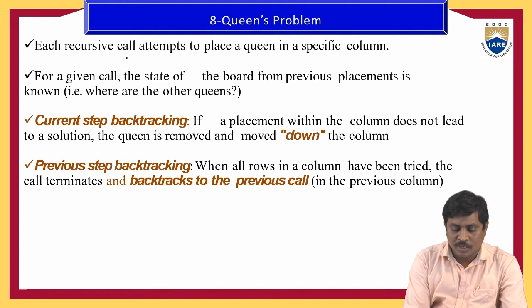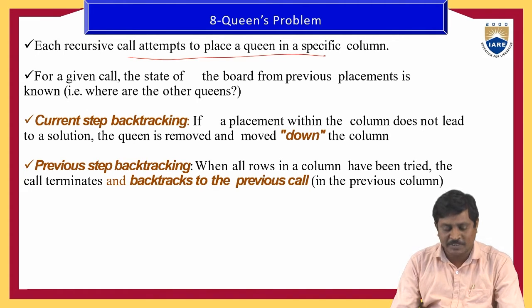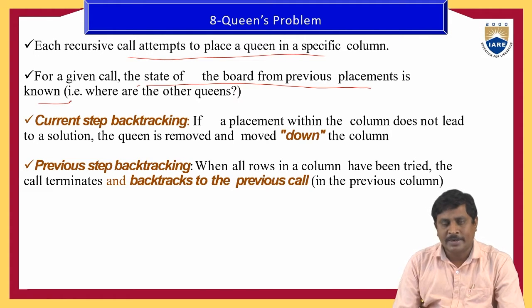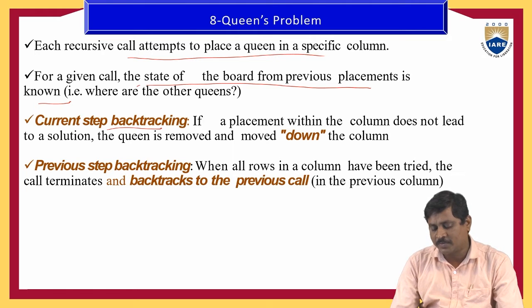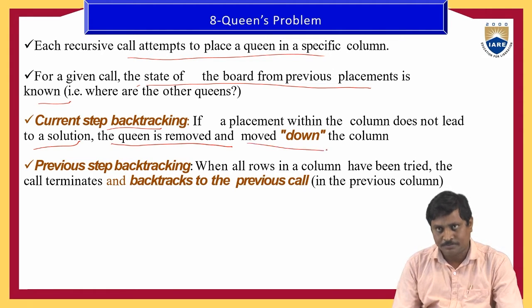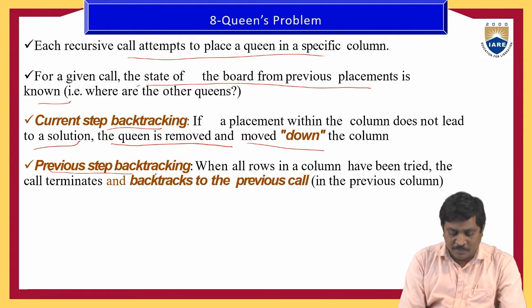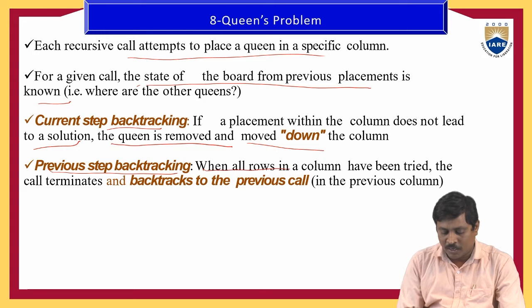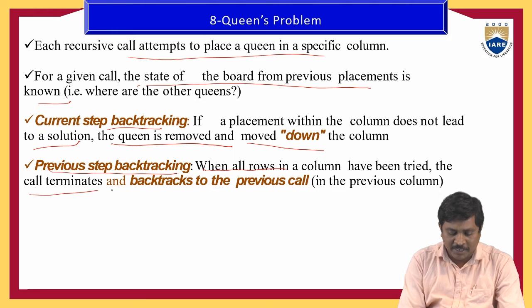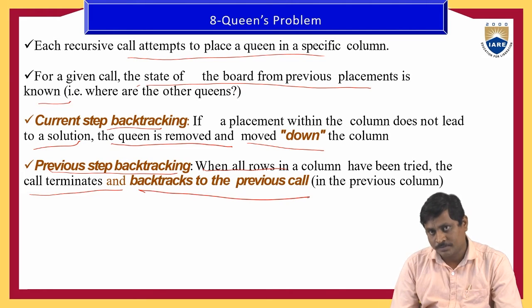Each recursive call attempts to place a queen in a specific column. For a given call, the state of the board from previous placements is known. Current step backtracking: if a placement within the column does not lead to a solution, the queen is removed and moved down the column. Previous step backtracking: when all rows in a column have been tried, the call terminates and backtracks to the previous call.